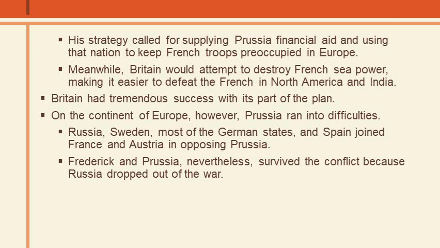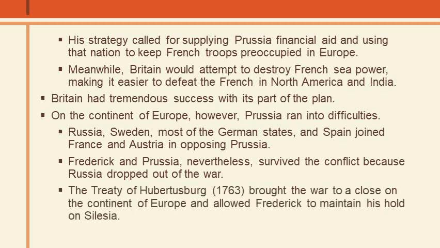So he survives because the new leader of Russia comes to the throne and actually likes Frederick II and doesn't necessarily want to keep making war with him. And so this leads us to the Treaty of Hubertusburg. Again, not a decisive victory, but just sort of outlasting your opponents.